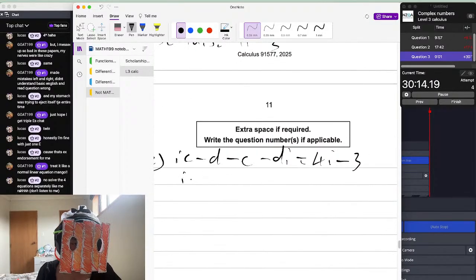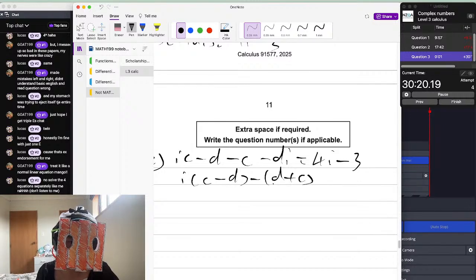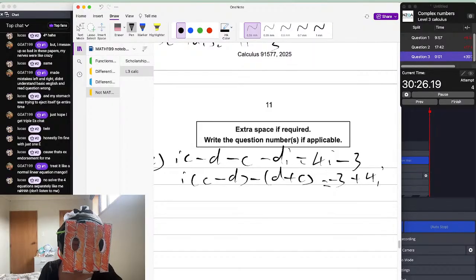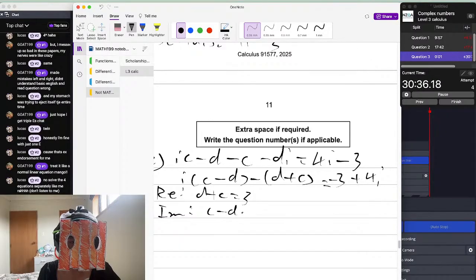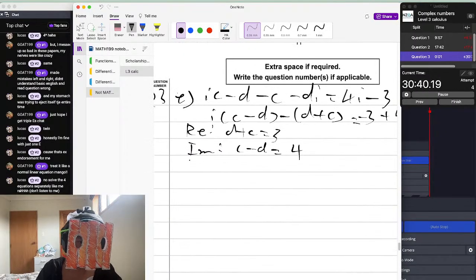Alright, sweet. ic minus d minus d plus c equal to 3 minus 3 plus 4i. Reals will be d plus c equals 3. Imaginary will be c minus d equal to 4. Oh, okay, that's real nice.